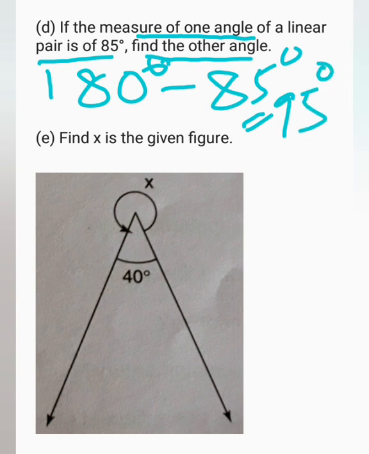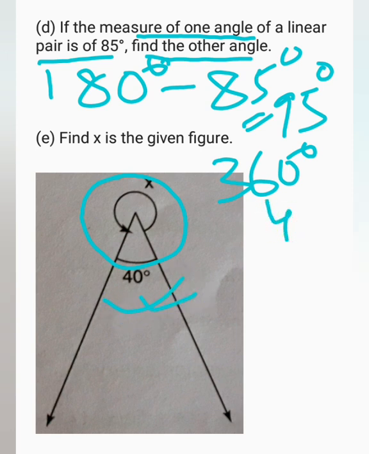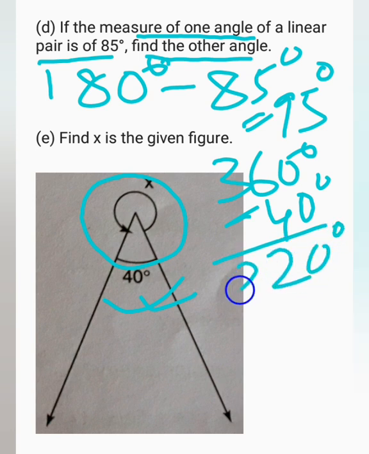Now the next question, find x in the given figure. The whole angle here is 360 degree. This is 40 degree. So x will be 360 minus 40, which is 320 degree.